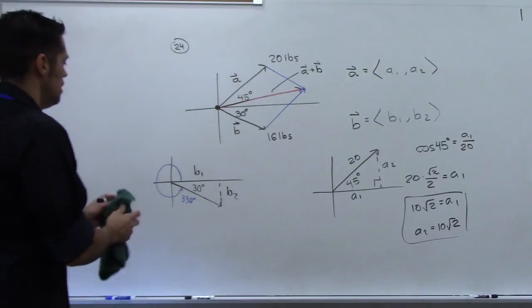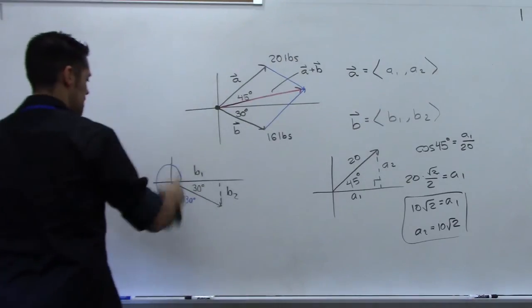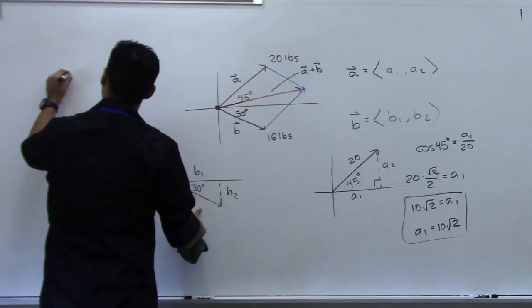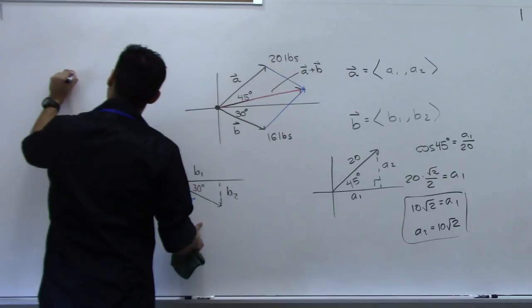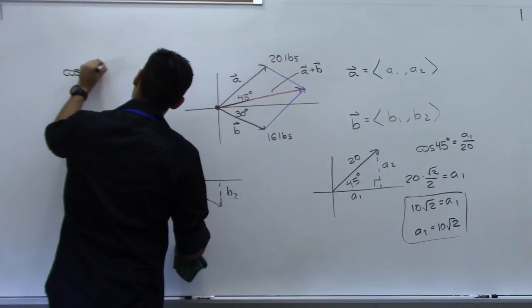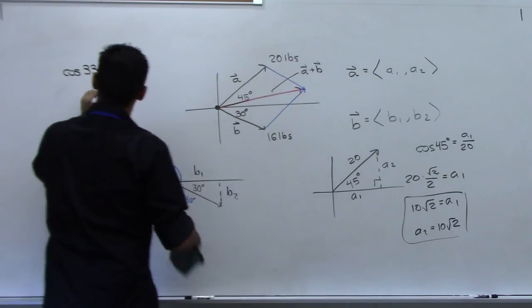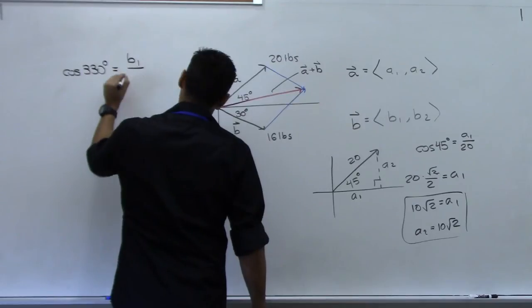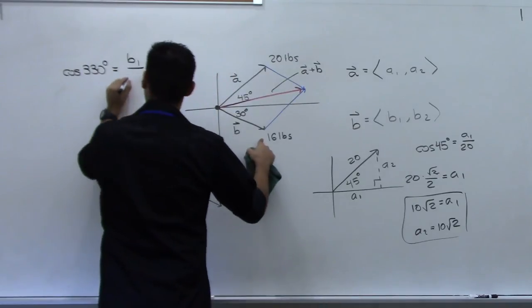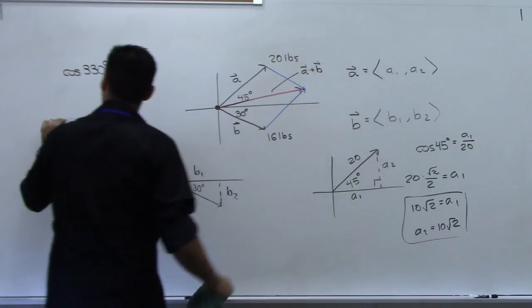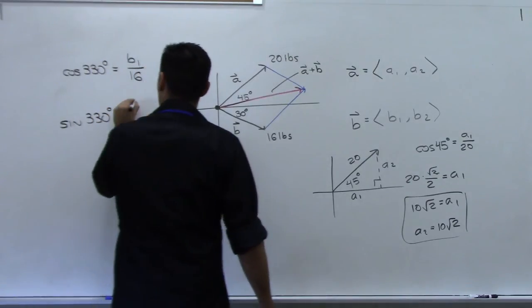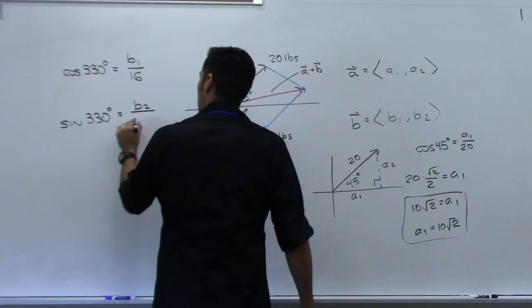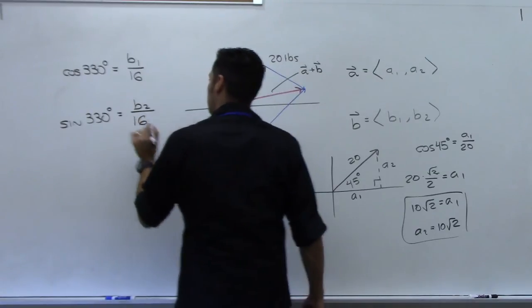So we could set this up the same way. We know that cosine of 330 degrees is equal to B1 over, how long was this one, 16? And we know that sine of 330 degrees is equal to B2 over 16.